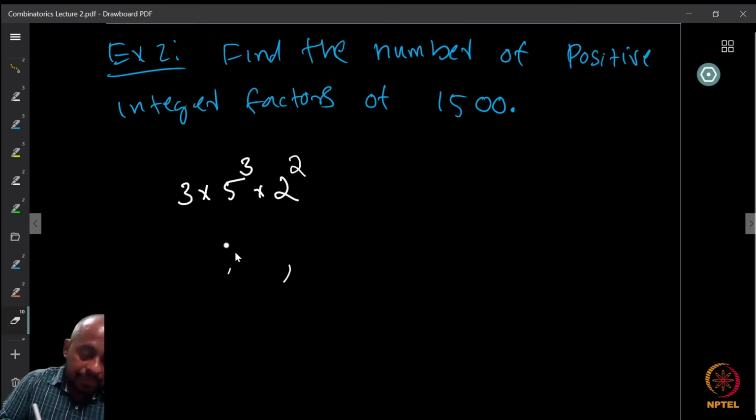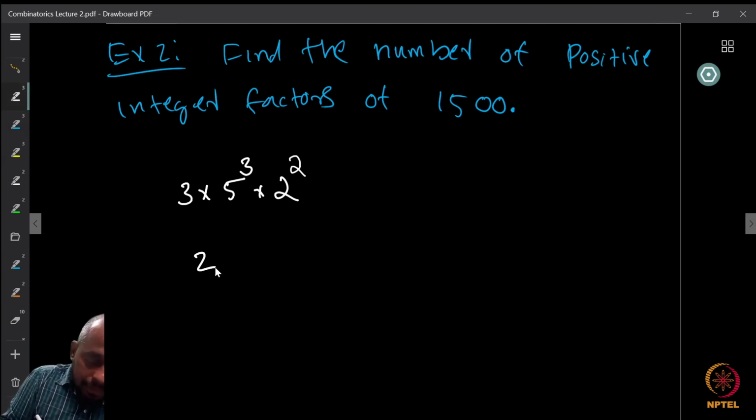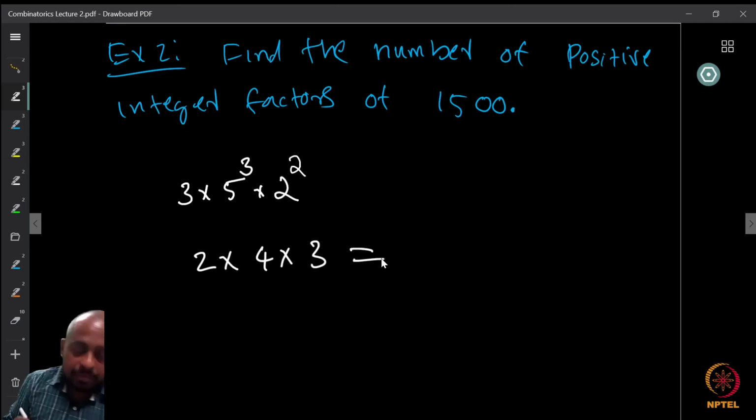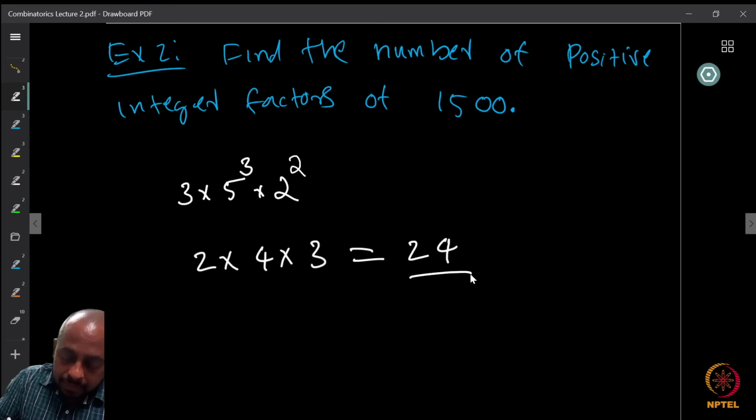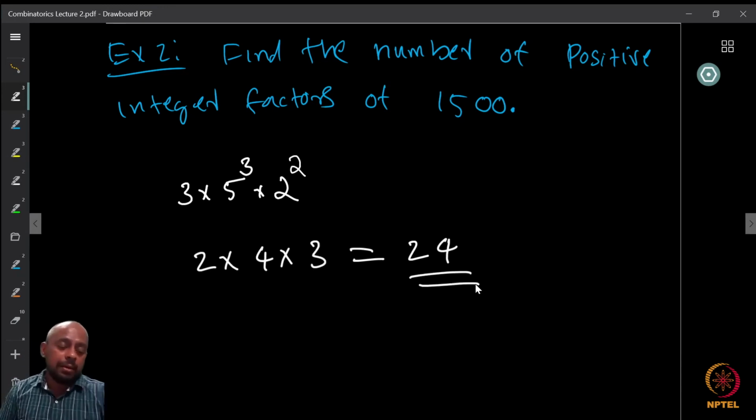So therefore, what can I say? If this number is given, then I can find out there is 2 into 4 into 3, right, which is 24 possible factors. So these are the number of possible positive integer factors of 1500.